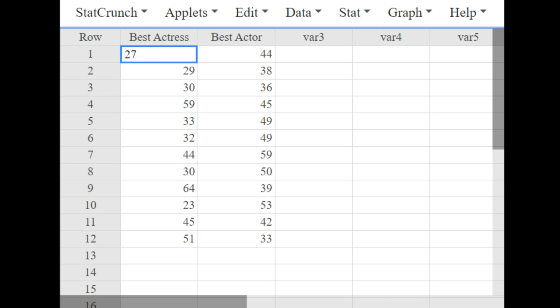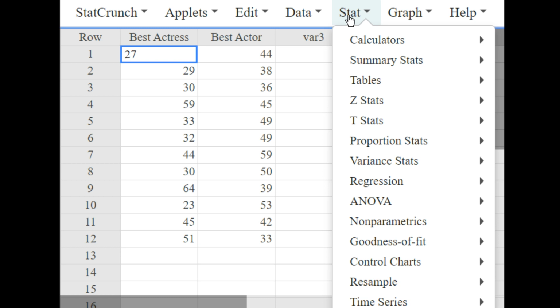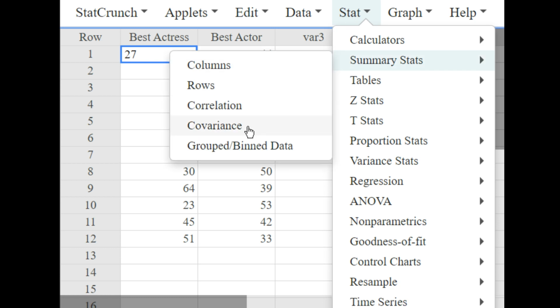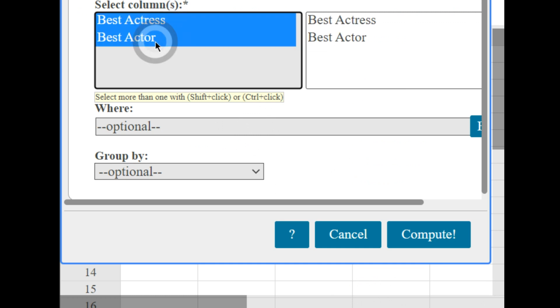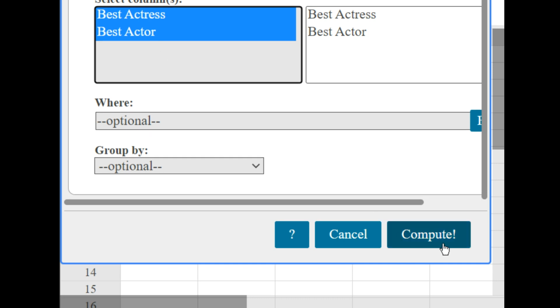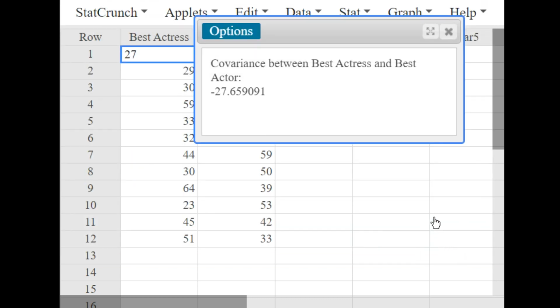So this would be the data from question 2 on the homework. Let's do it as an example. I just opened the data in StatCrunch because I'm going to want to compute the covariance. So I can go to summary stats, covariance, and tell it the columns and compute.